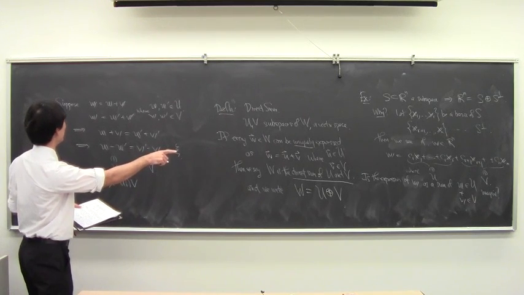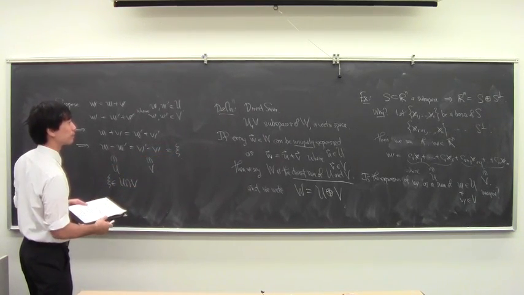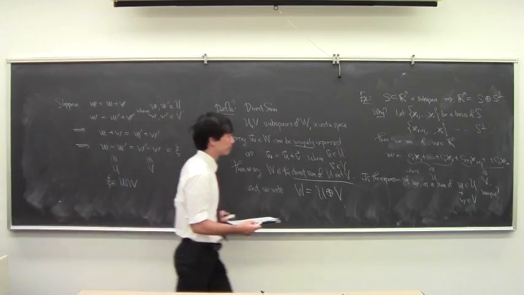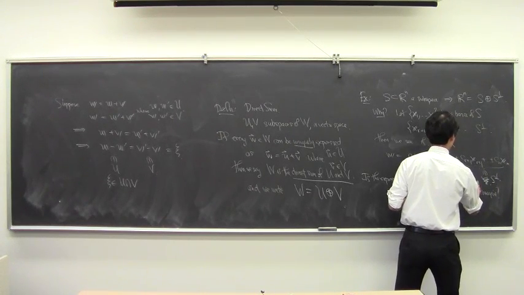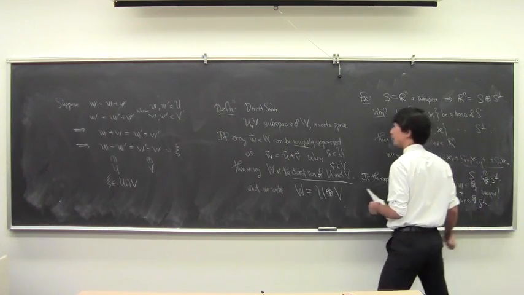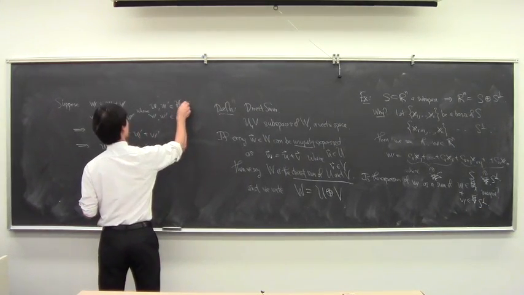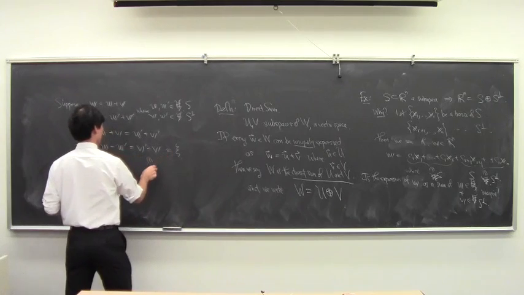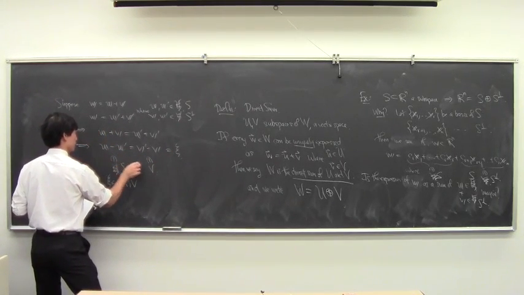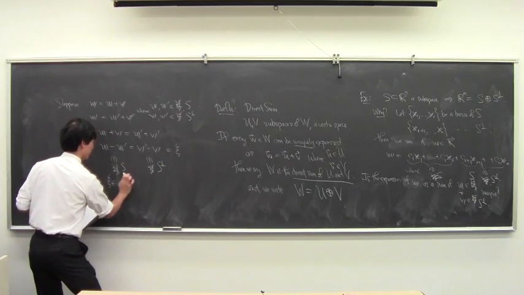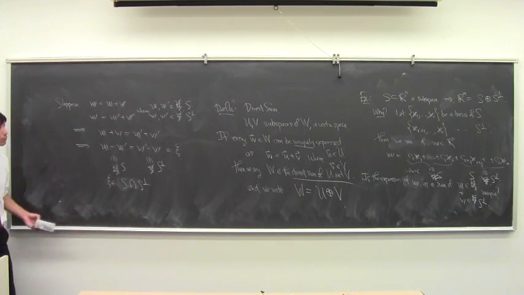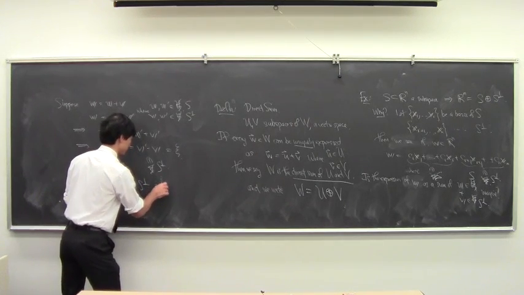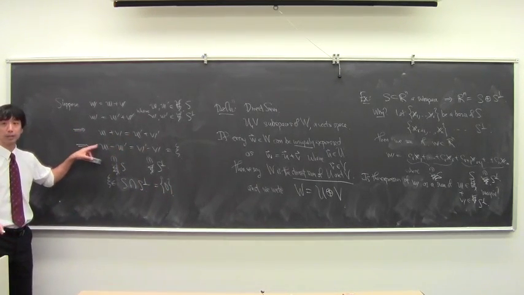Sorry, I've been using U's and V's, but I should be using S's and S perps. So xi lies in the intersection of S with S perp. And so it is 0.